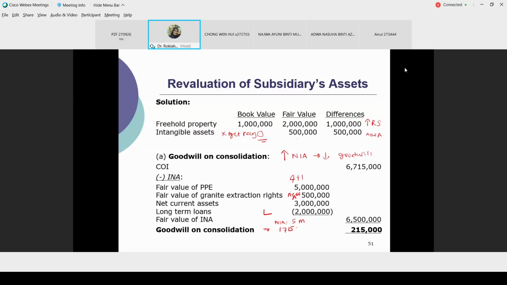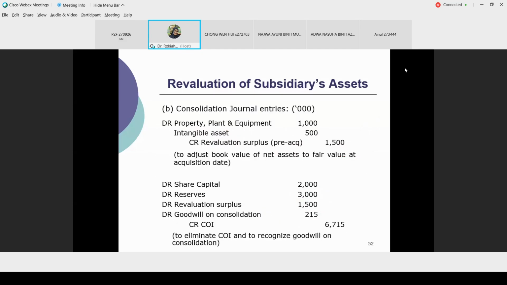The next step is to prepare the consolidation journal entry. You are going to debit your PPE because there is an increase in the value, and then you have a new asset, the intangible asset of 500. Then you credit a revaluation surplus, which means the increase in the fair value from book value.